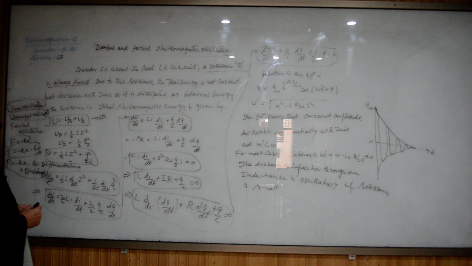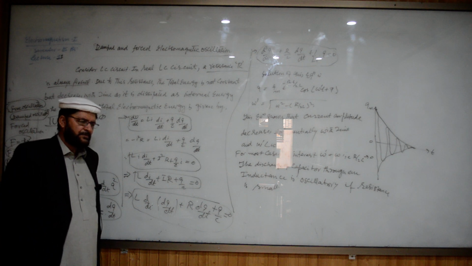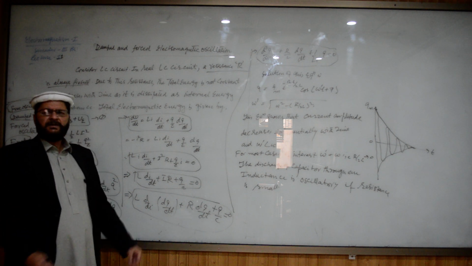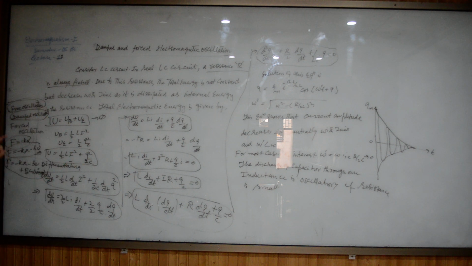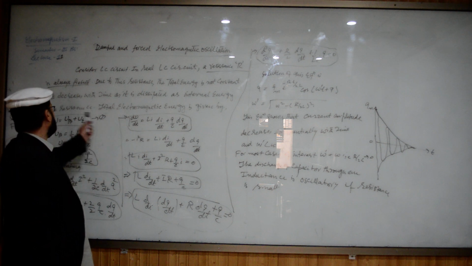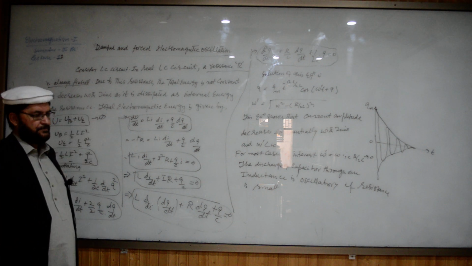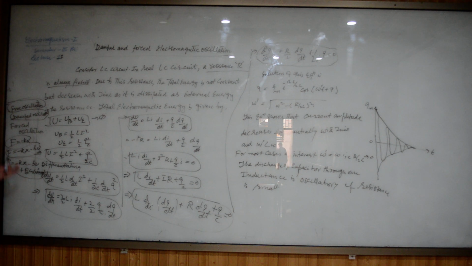Due to the resistance, the total energy is not constant. While in case of free oscillation in the LC circuit, we have taken that there is no resistance at all in the circuit, so energy was constant. But in this case, the total energy is not constant, but decreases with time. It is dissipated as internal energy in the resistance. In the first case, there was no resistance, so energy was not dissipated.